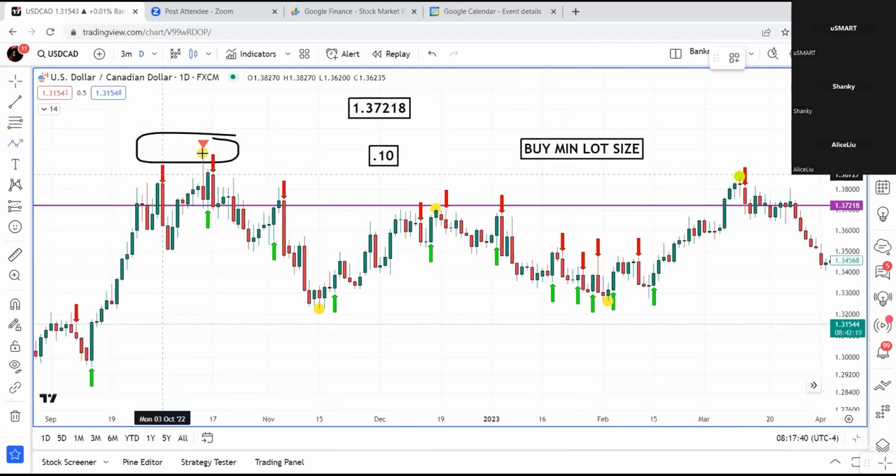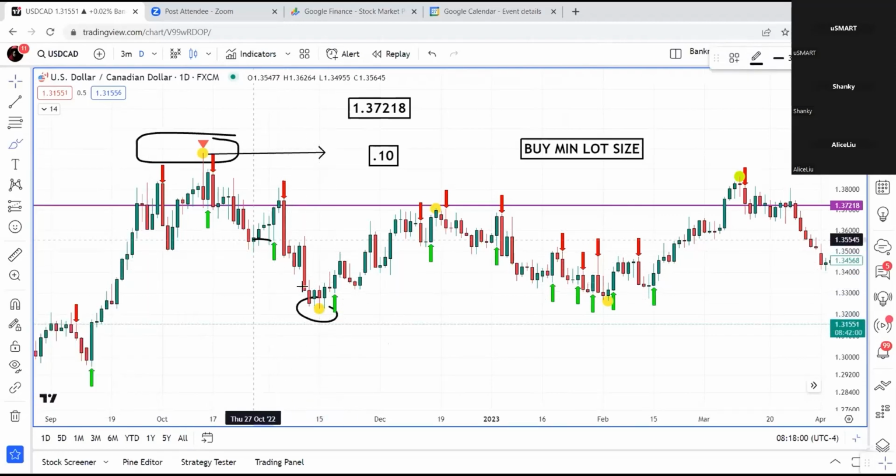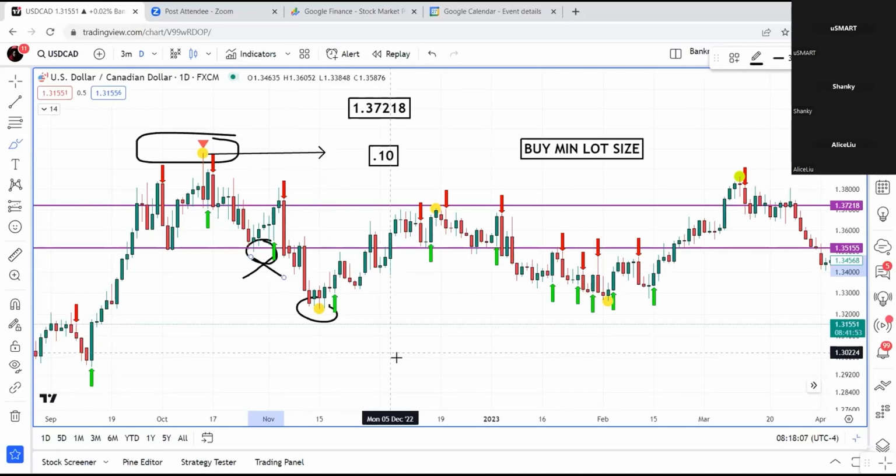If the candle doesn't break that bulb, you can hold. Your exit point is whenever the bulb comes somewhere here, that is your exit point. If it just drops to here, even with one lot size you're making some amount, you know how much you get in forex, that's all.